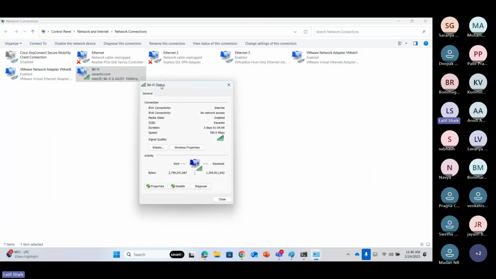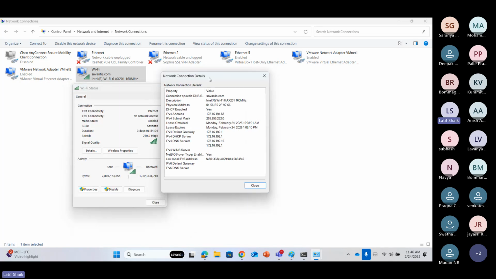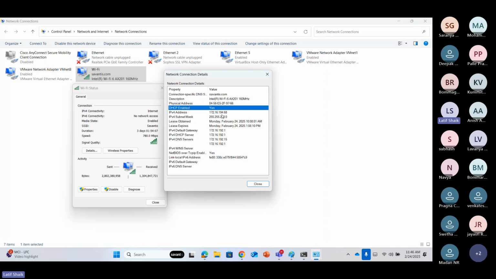Okay, so what I'm doing is checking once again: DHCP enabled: Yes means this is an IP address I received from this DHCP server. This IP address I got from this DHCP. So check the IP address, check other things like subnet mask, default gateway, DNS server address, and the DHCP server which has given this IP address.